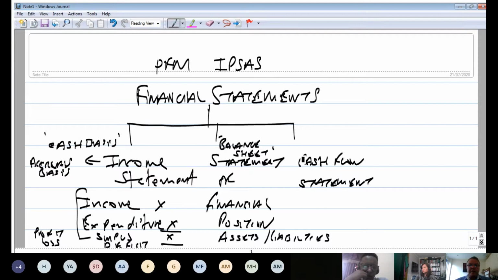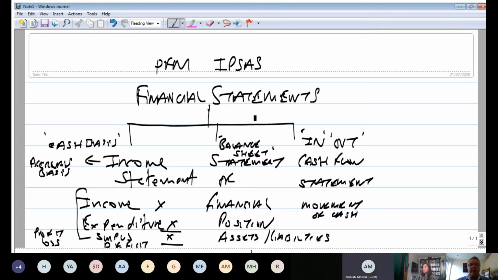Now, the cash flow statement is exactly what it says. It records the movement of cash. And the whole idea behind that is you can see the impact, and this will reconcile back with your bank account. So you can actually see the cash inflows as they come in and the cash outflows as the cash goes out.